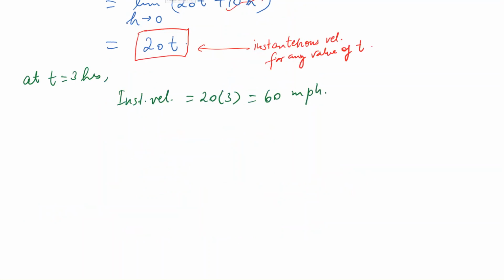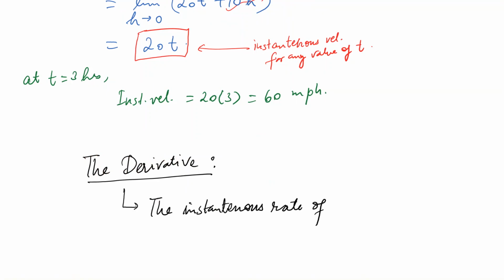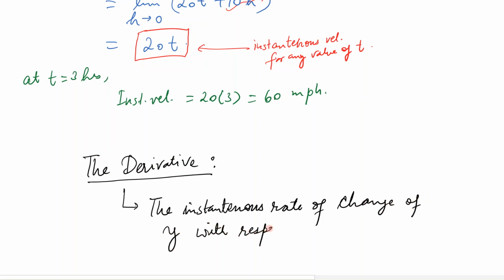So what we learned from all this discussion, in a nutshell, is that the derivative is the instantaneous rate of change of y with respect to x.